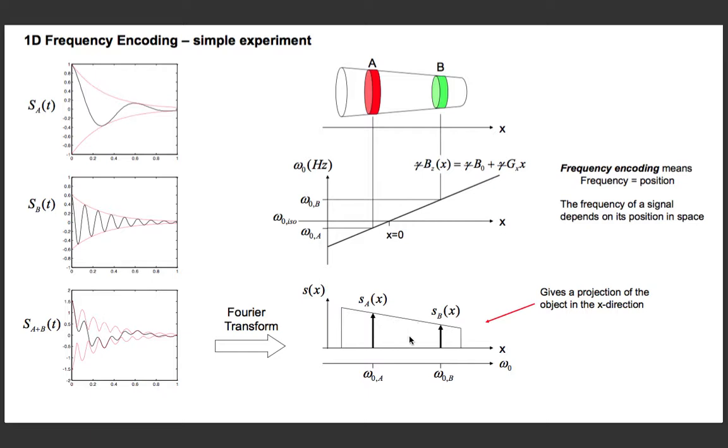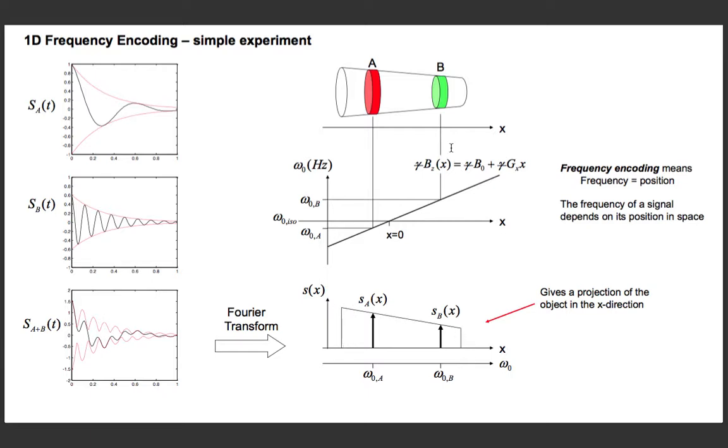So what we did here is we only looked at those two pieces. If we did the same thought experiment with not just two pieces, but a continuum of all the stuff in this tapered object, you would measure all those little components together and look at their complex sum. When you do the Fourier transform, you would produce this, which is a projection of the object in the x direction, the total combination of everything here.